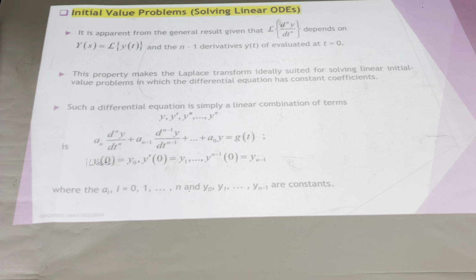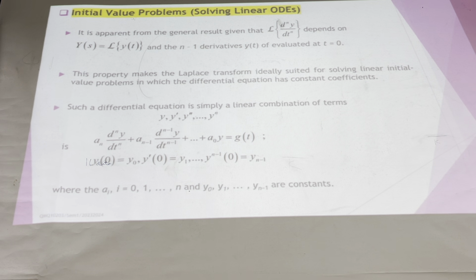When we transform y double prime, for example when we are solving second order, you get s squared multiply Y(s) minus s multiply y(0) minus y prime (0). Y(0), once again, is the initial value, and y prime (0) is also the initial value given for the derivative of y(t).